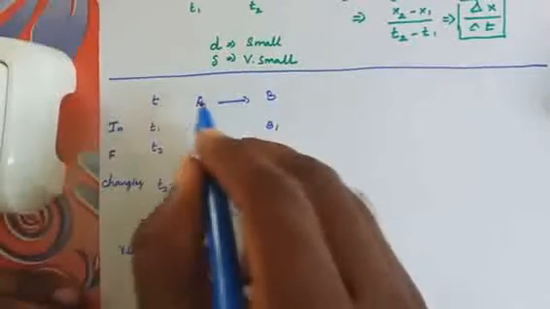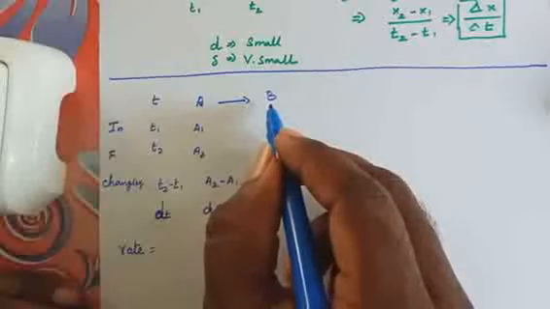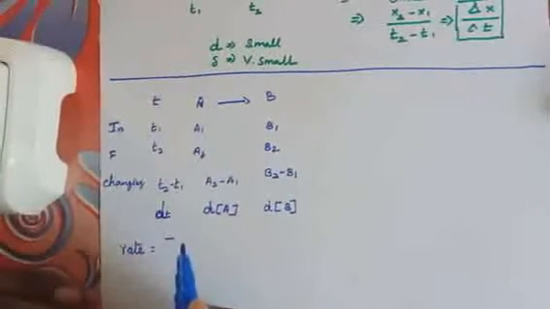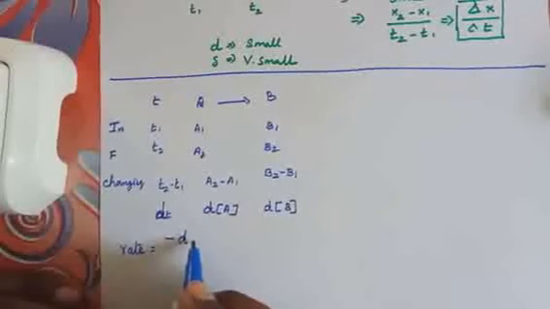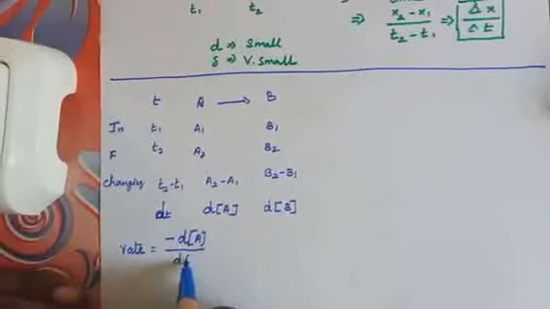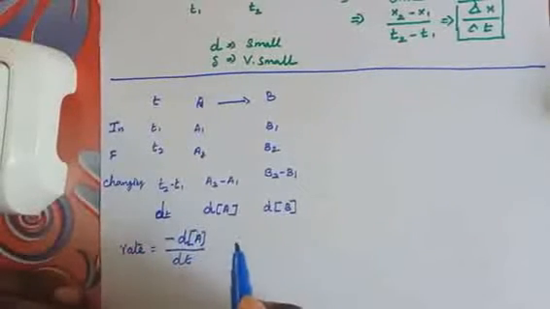At that time A will disappear slowly, B will appear slowly. So disappearance is denoted by a negative sign. The change in concentration of A with respect to time t is noted. This is the rate of the reaction in terms of the reactant.